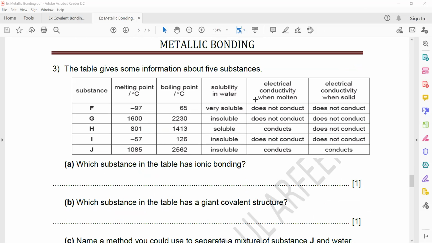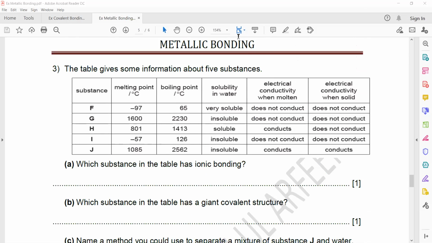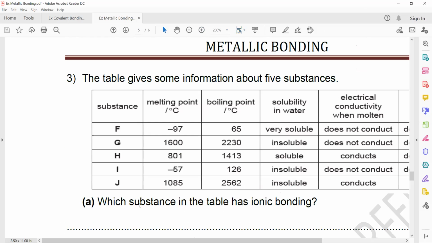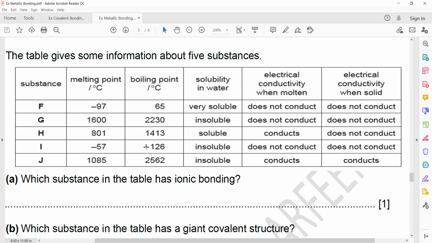Actually, now this question is a combination of all three, as we discussed: ionic, covalent, and metallic. The properties are given, and using these properties, you have to identify the substance. Number one, substances F, G, H, I, and J are there.